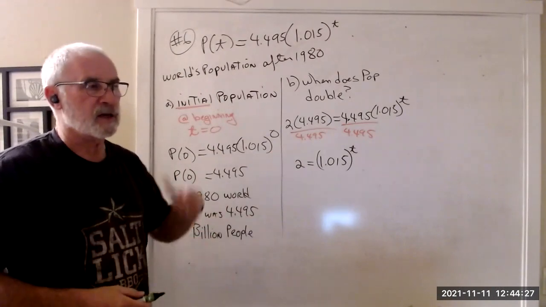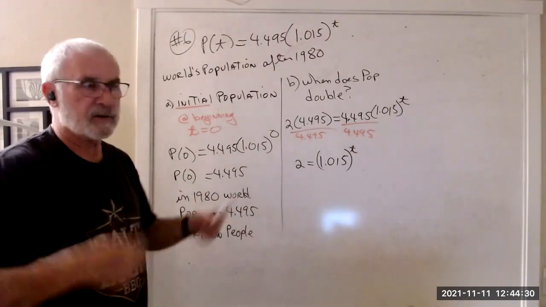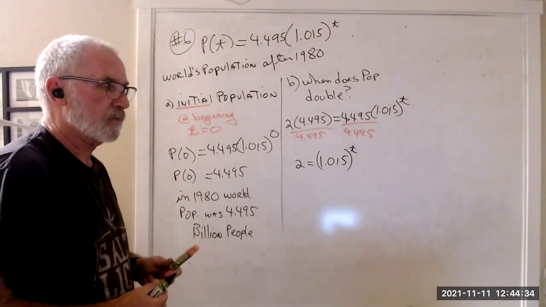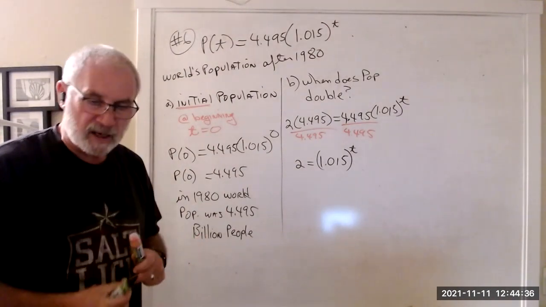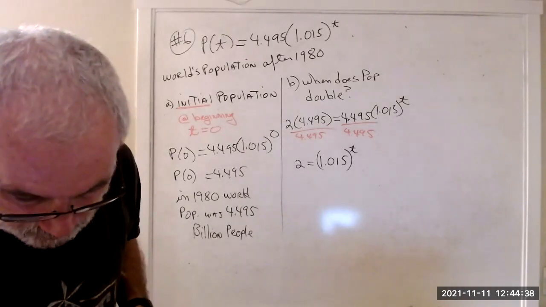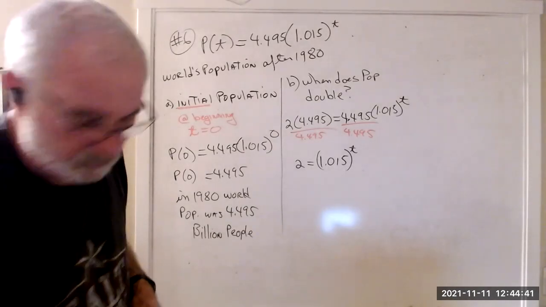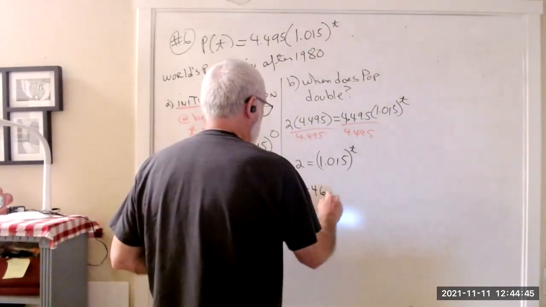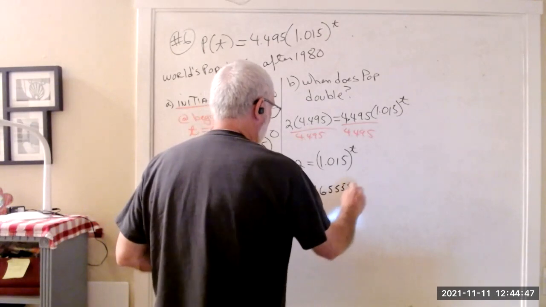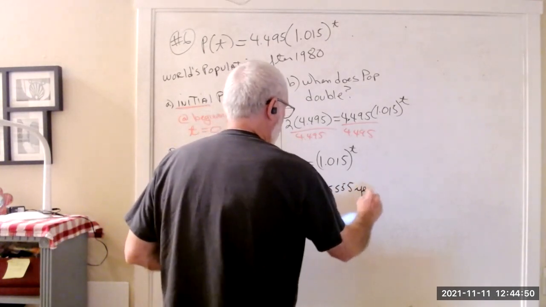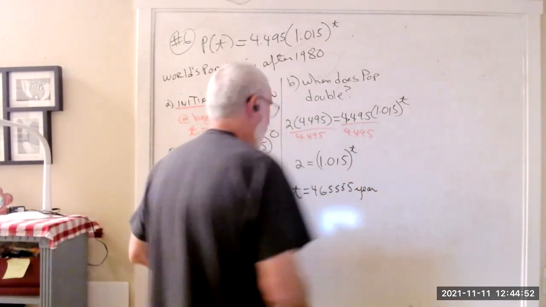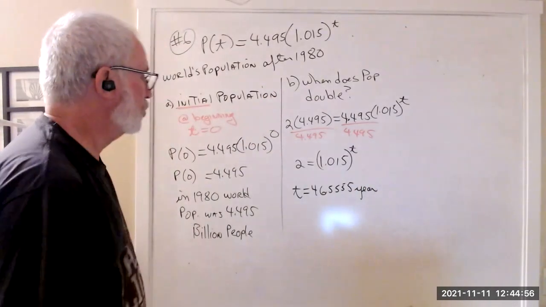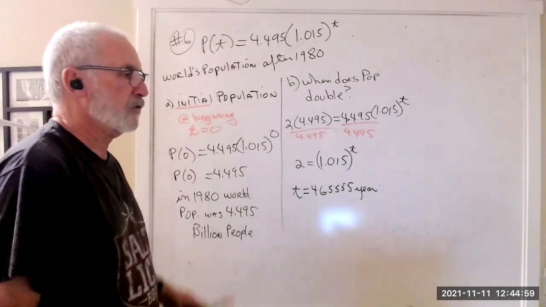You can take the ln of both sides, or you can draw a bar, whatever you do, it's up to you. The answer that I get for this particular one is t equals 46.555 years. So that's what I get when I solve it.